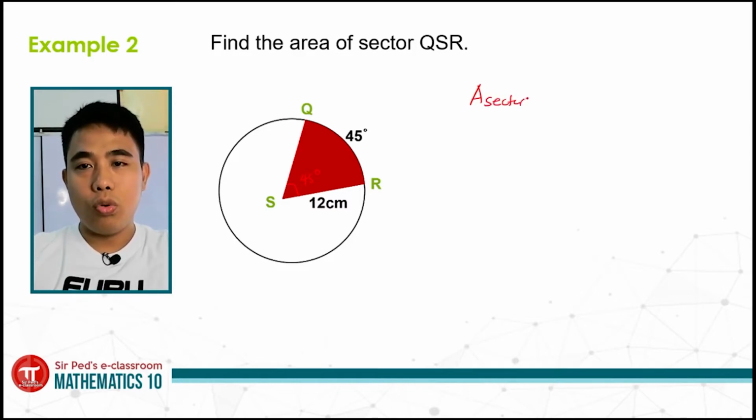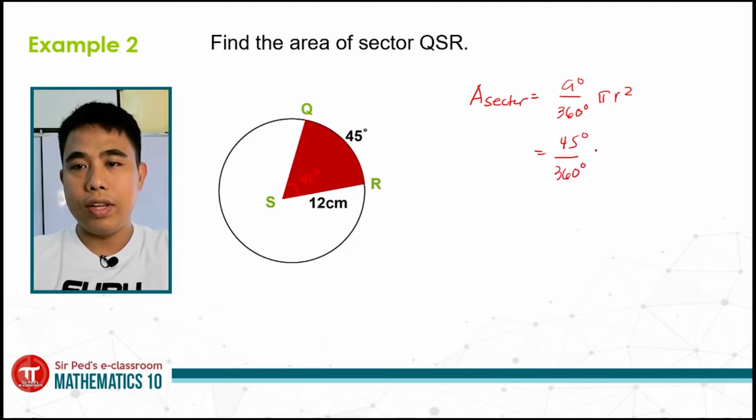Area of the sector is equal to A degrees over 360 degrees times pi r squared. So that will be 45 degrees over 360 degrees times pi times r squared, where r is 12 centimeters squared.